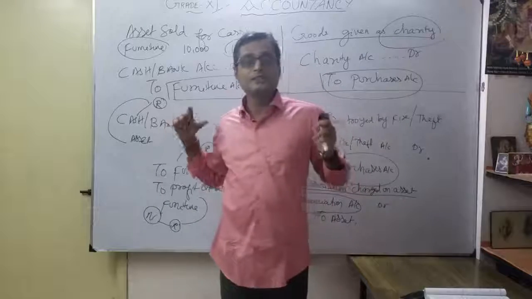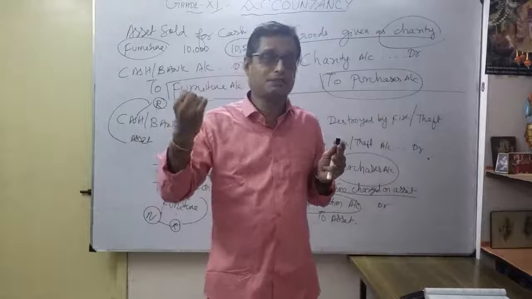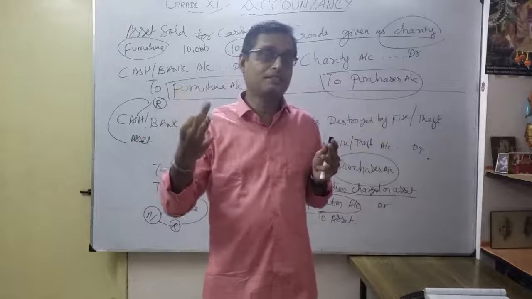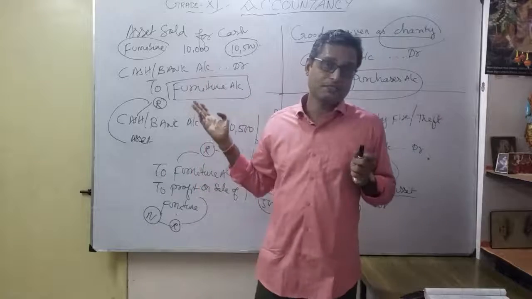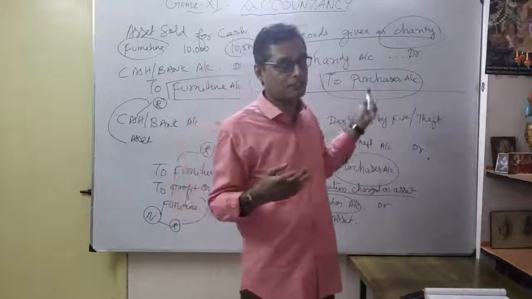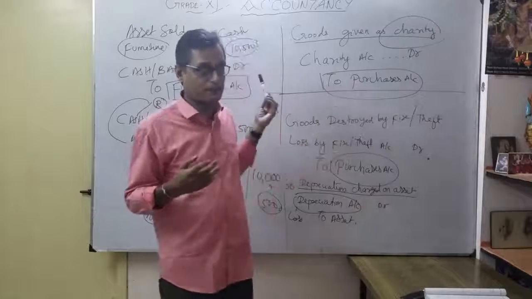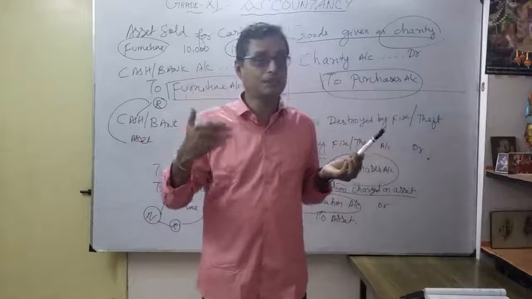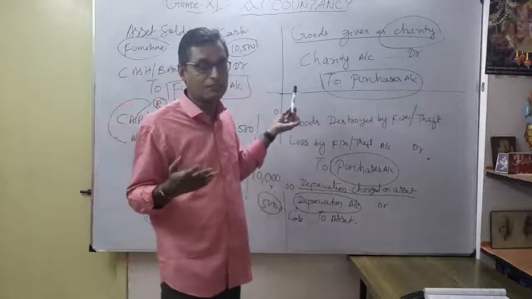So I hope we discussed all the examples of forming journal entries: purchases, purchase return, sales, sales return, cash withdrawn for personal use, purchases withdrawn for personal use, charity, loss by fire or theft, bad debts, how bad debts are recovered, and sale of an asset with profit and with loss.